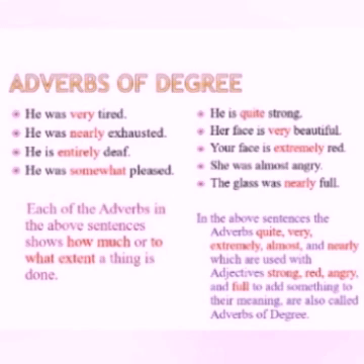In the above sentences, the adverbs quite, very, extremely, almost, nearly, which are used with the adjectives strong, red, angry and full to add something to their meaning, are also called adverbs of degree. As I have said, it is not only adding meaning to verbs, but also to adjectives. Here, when we say to what extent or how much, more meaning is added to the adjectives present in the sentence.